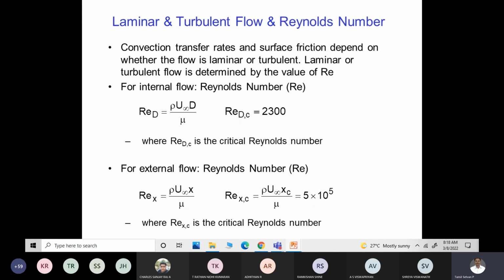When it is a sphere or cylinder, the diameter is considered; for a flat plate the length is considered. Due to time restrictions I will not be going through all the problems, but there are some. For example, in some problems the fluid flows along the length side, and sometimes along the width side.